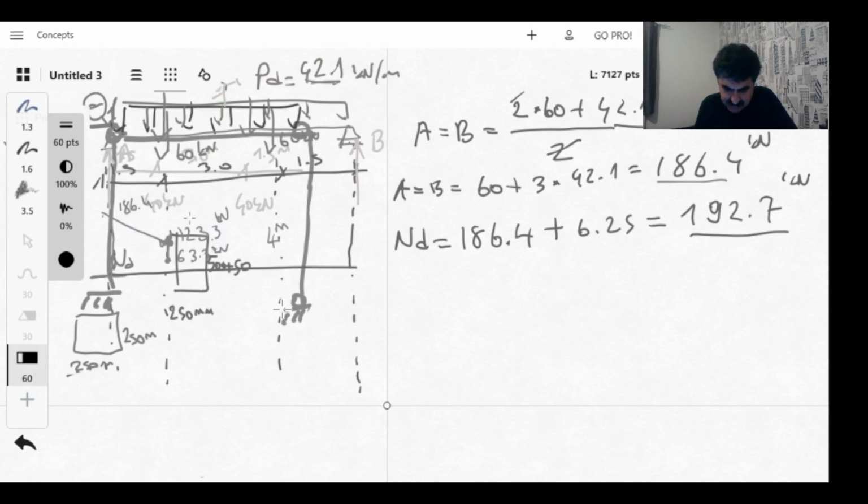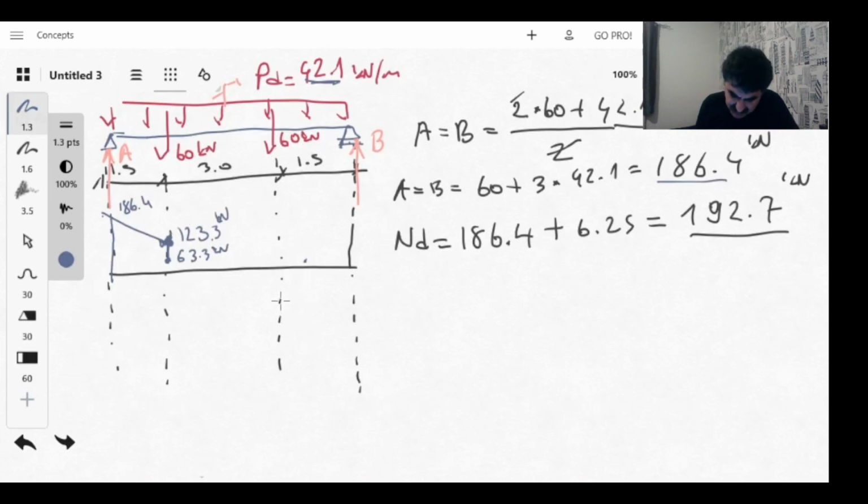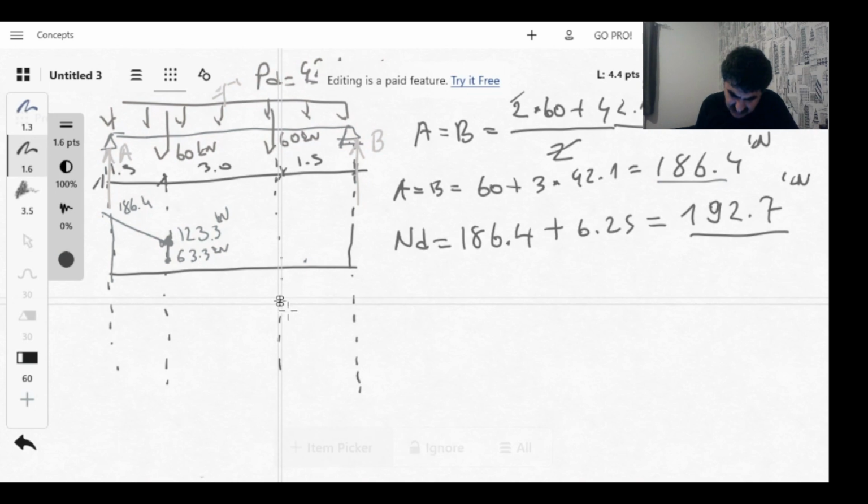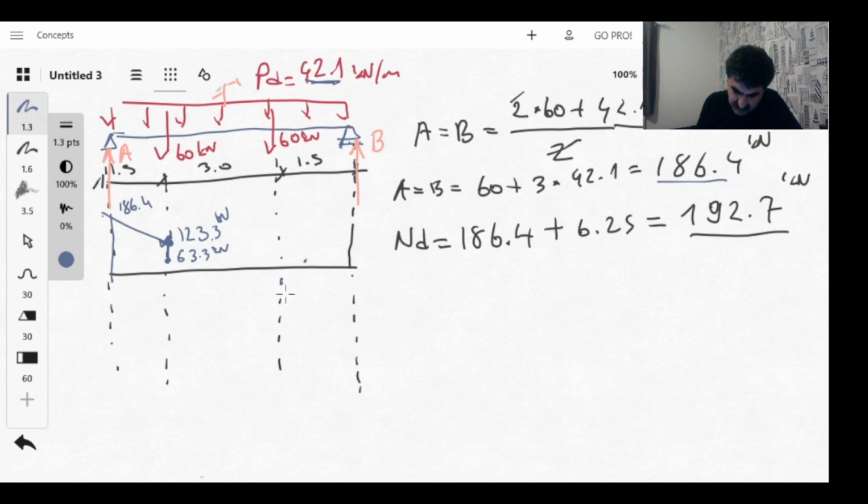Here this will be minus 63.3, and then this will be linear again.